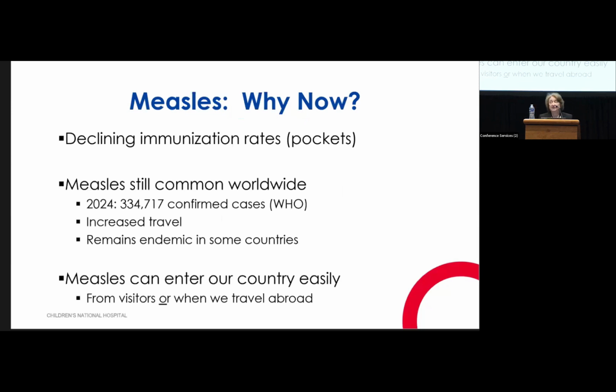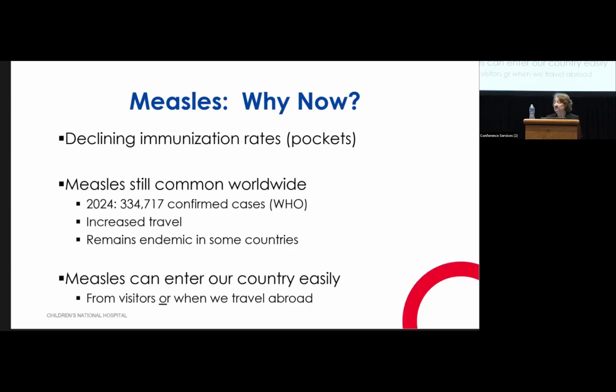Many people will ask, why are we seeing measles now? We eradicated it in 2000, and essentially a couple of reasons. Number one, there's been decreasing immunization rates since the early 1990s. Also, there are selected populations of unvaccinated communities in states who may have high vaccination rates.